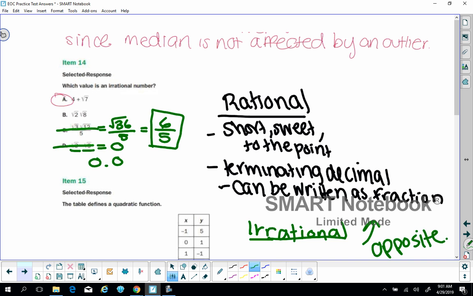Next one, when I multiply 2 times 8, I get radical 16, which is 4. And 4 is a terminating decimal, so just 4.0. So that's rational. My irrational number is this because first of all, radical 7 is not a perfect square. If I add 4 to it, it's just going to add 4 to that answer. I could also put it in my calculator and see it goes on forever and ever, so I know A is my answer.